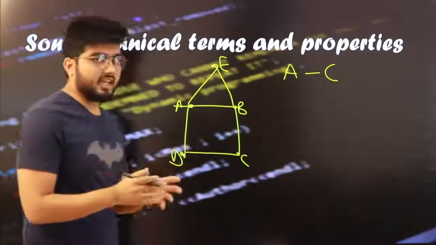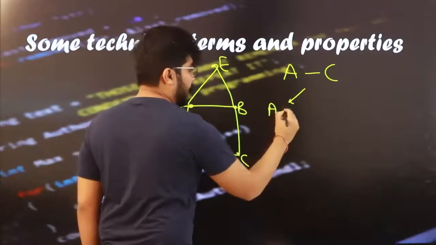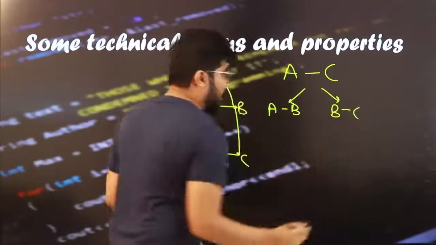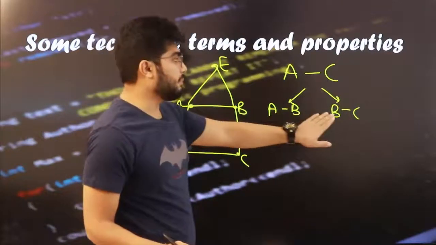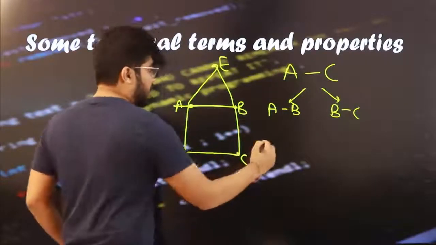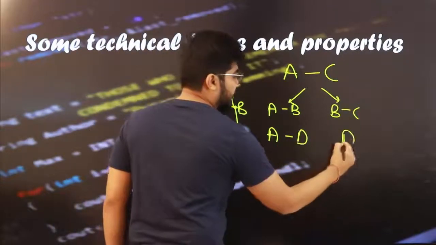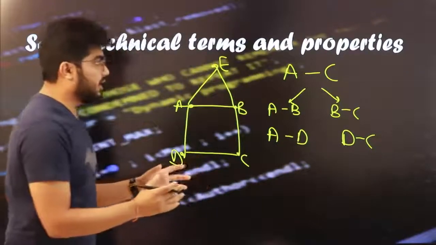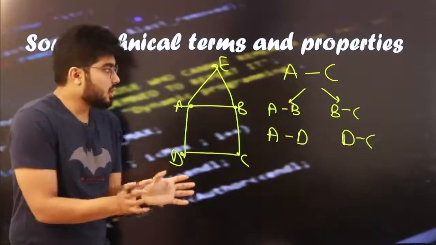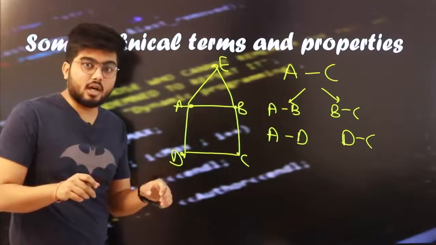So what you can do, you can divide it into two subparts. One subpart will be going from A to B and B to C. Now the shortest paths between A to B and B to C will eventually give you the answer for A to C. Another possible solution is you can take A to D and D to C. So what we are doing here, we are dividing our problem into two different subproblems such that whatever answer they give, we can use directly as our optimal answer.